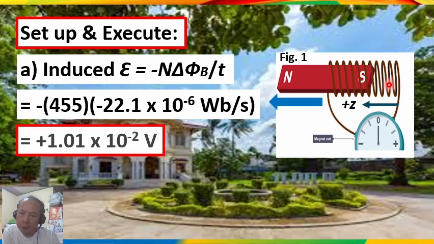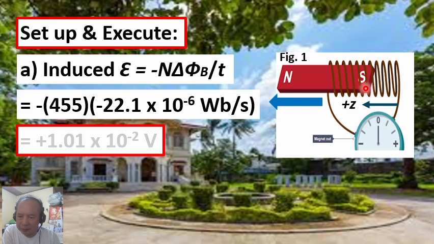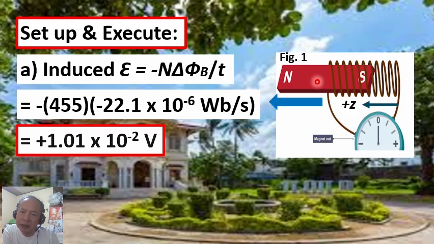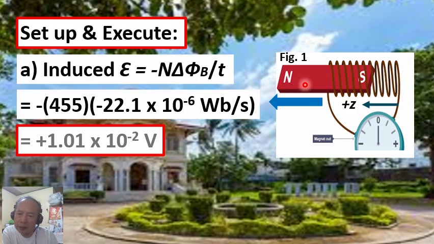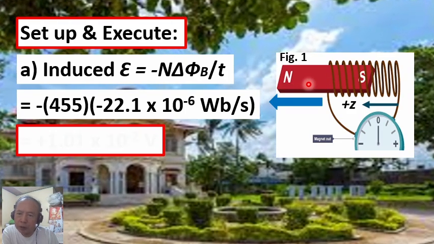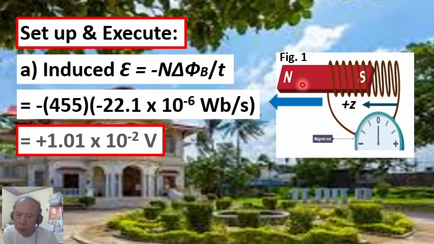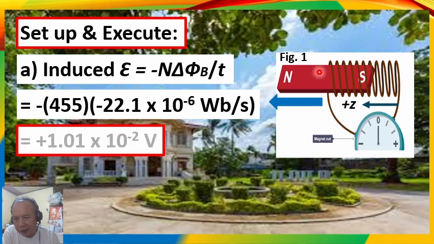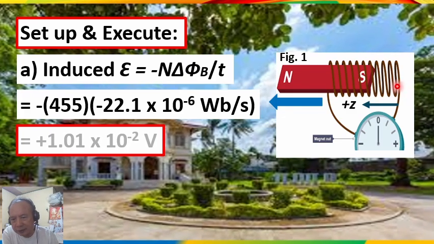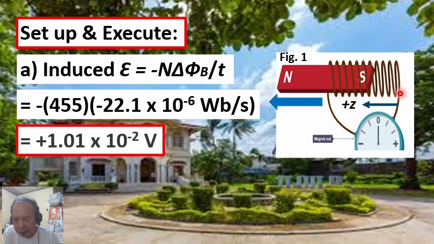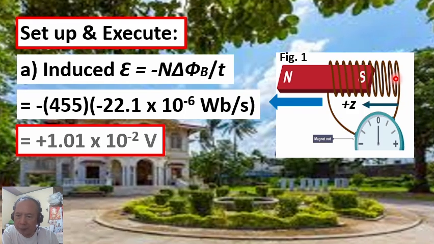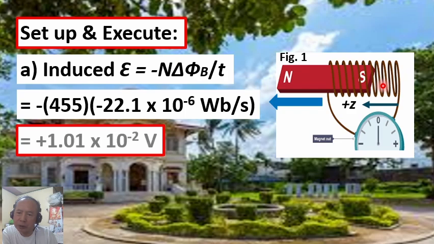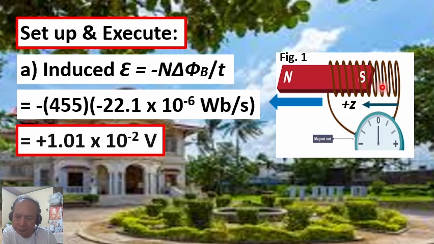So, Lenz's law says that the changing magnetic flux, because the bar magnet is being withdrawn or moved away, the electromagnet, meaning the induced EMF in the coil, will tend to oppose the movement of the bar magnet.